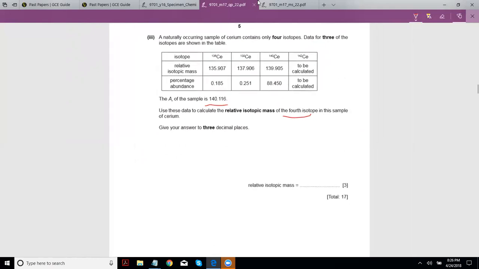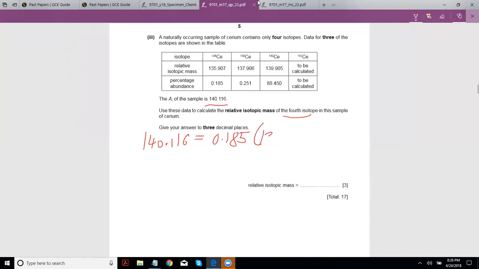Ismail, you had a nice formula. Hamza, do you remember it? Yes, I know. You're just calculating the percentage of each. You know the percentage mentioned here. So the first one is 135.907 multiplied by 0.185 upon 100, plus the next one, plus the next one, equals the Ar mentioned in the question.